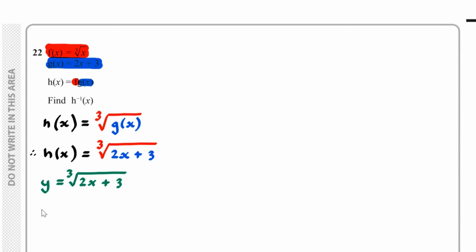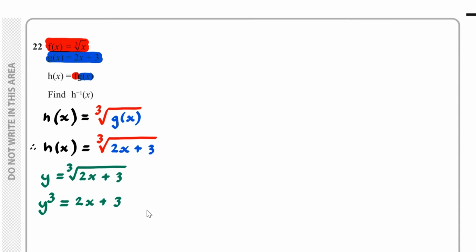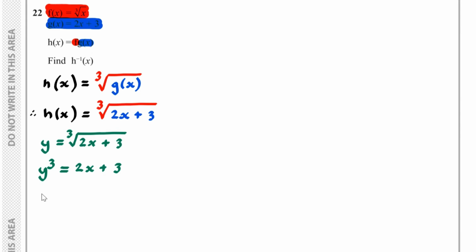So if I cube both sides, y cubed equals 2x plus 3, which means x is equal to y cubed subtract 3, divided by 2.